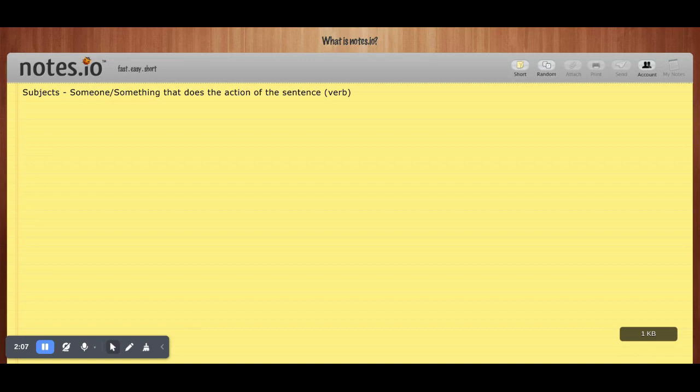One is the type of quote unquote person that the subject is. And the second is whether it is singular or plural. So let's start with singular and plural. Singular versus plural. What do these both mean? If you can take a guess, singular means that there is just one.